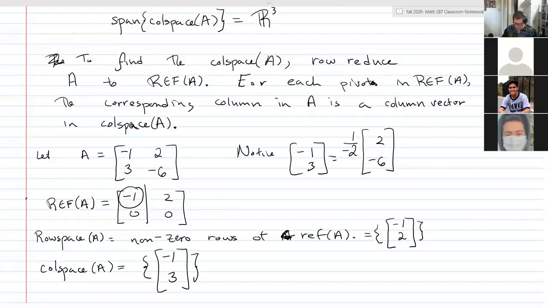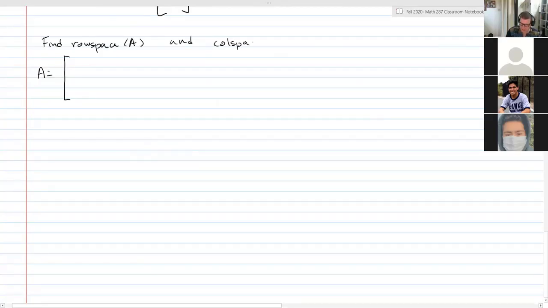Okay, so let's take, for example, so we're going to let A equal. So what we want to do is find the row space of A and the column space of A. All right, and let's say, for example, we take this.